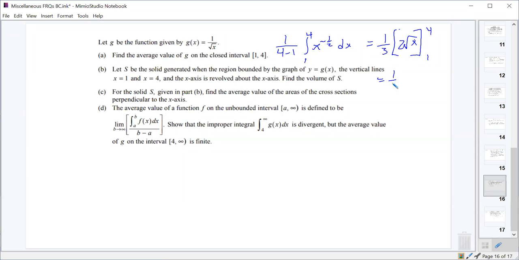And so we end up with 1/3 of 2 times 2 minus 2 times 1, which should be 2/3. Everybody okay with that? Any questions there? One point for the correct integral, 1 point for the correct value at the end. Everyone good there with that?